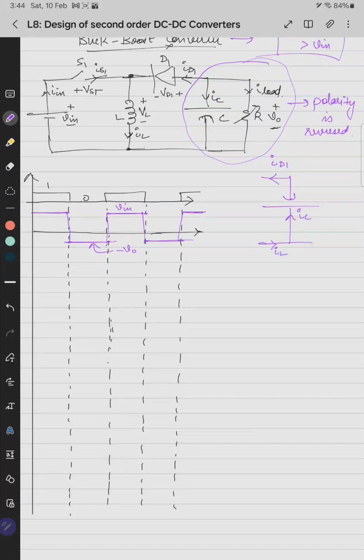This will be IL coming from down. This will be I load, and this will be V0. So we have to reverse the polarity for the volt second balance to occur. Now this is A1, this is A2.